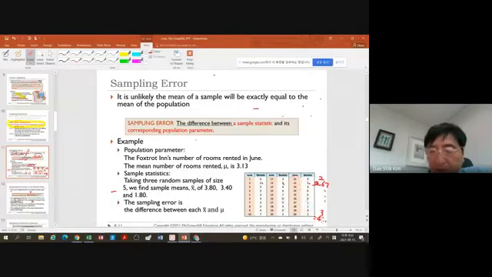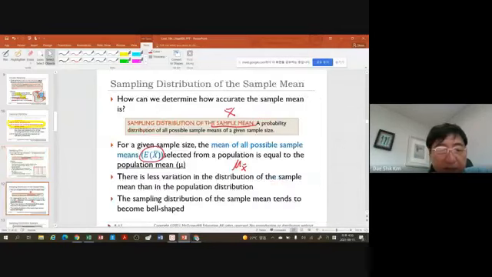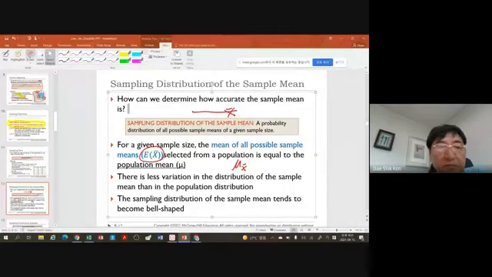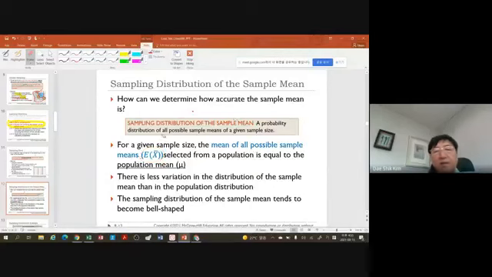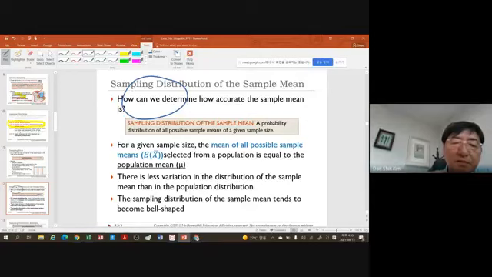To prevent such a mistake, it's better for me to erase it. Okay, let's say we have this population.